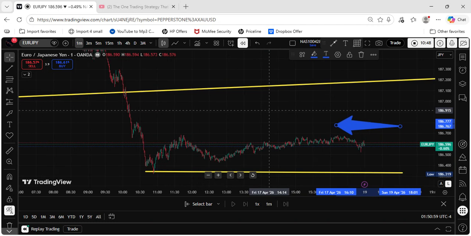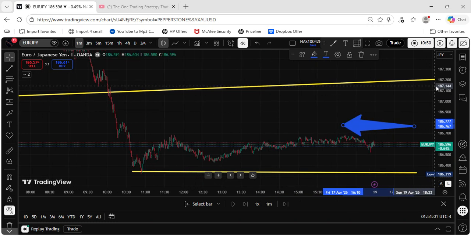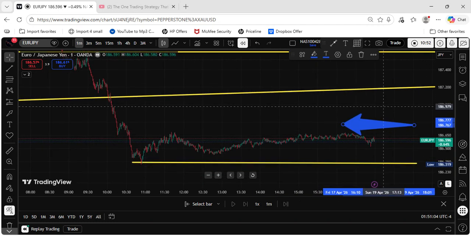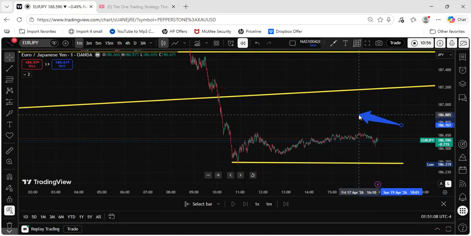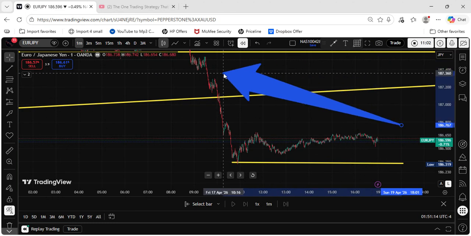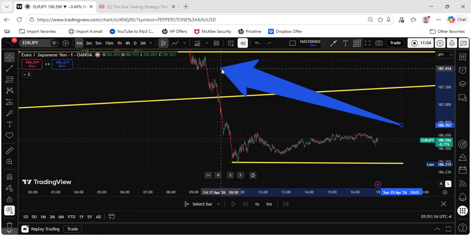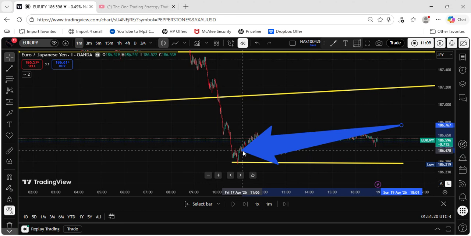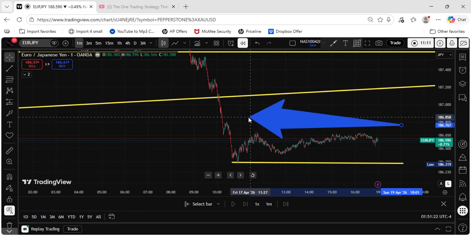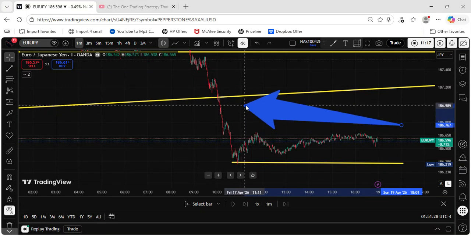So look at all this space and gap and opportunity that you have to capitalize off of. If that's support, then the market is going up. We're looking for buys, right? Because it already completed the downtrend, which on a higher time frame could be a downtrend, it could be a pullback, but a downtrend on the daily for that day.